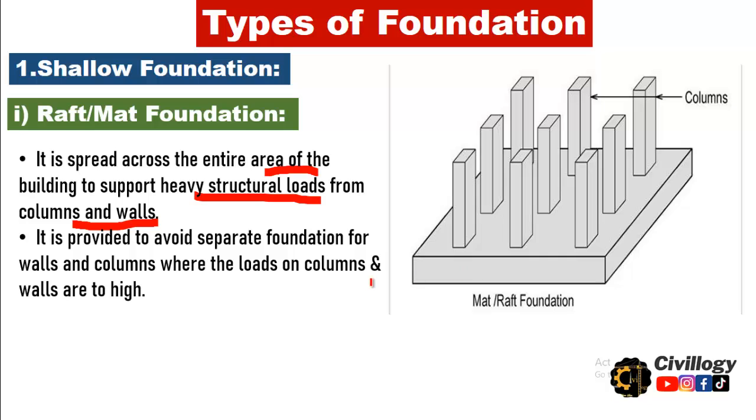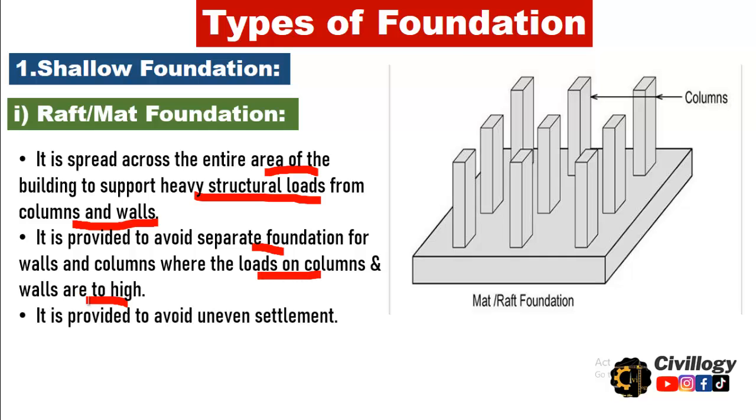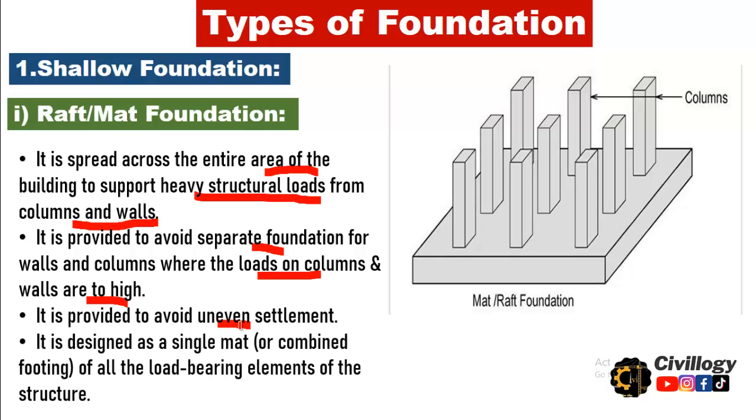It is provided to avoid separate foundations for walls and columns where loads on columns and walls are too high. It is provided to avoid uneven settlement, and it is designed as a single mat or combined footing of all the load bearing elements of the structure.